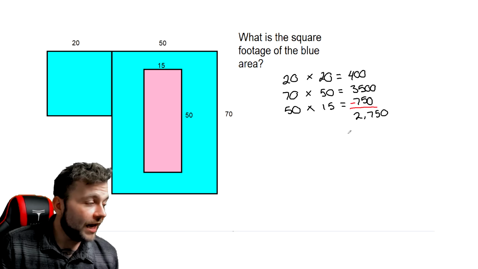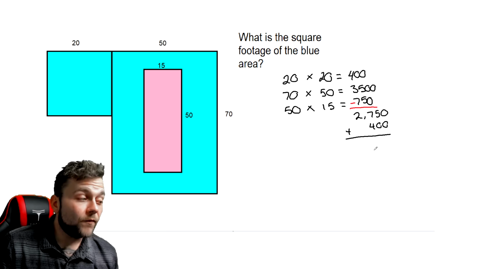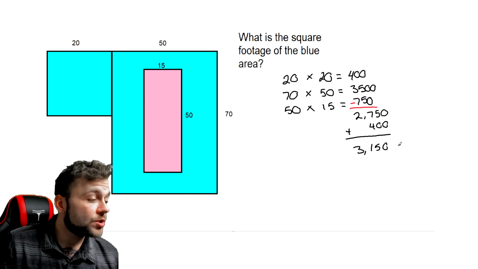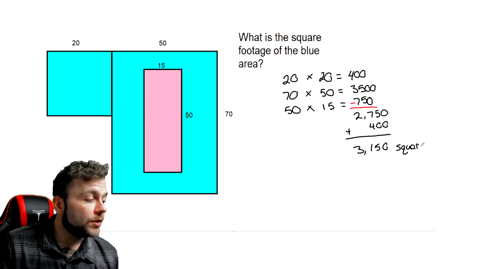And then we add the 400 of the square. And so our final answer is 3,150 square units.